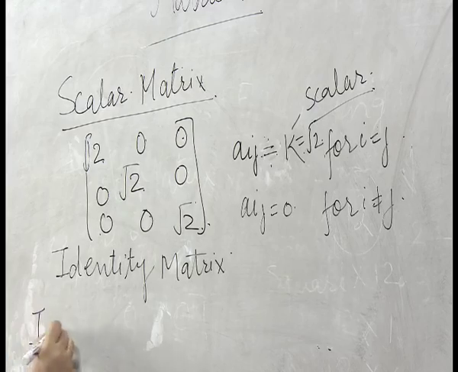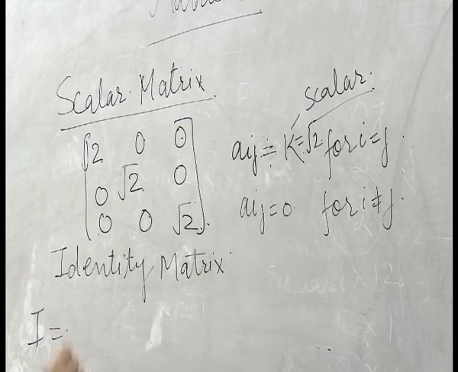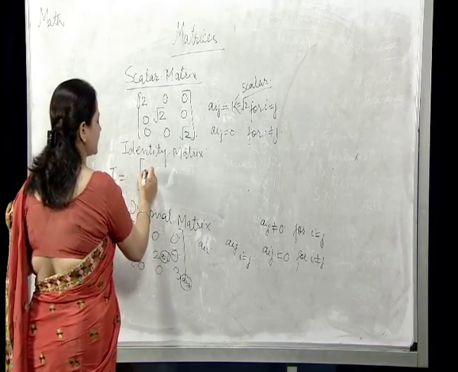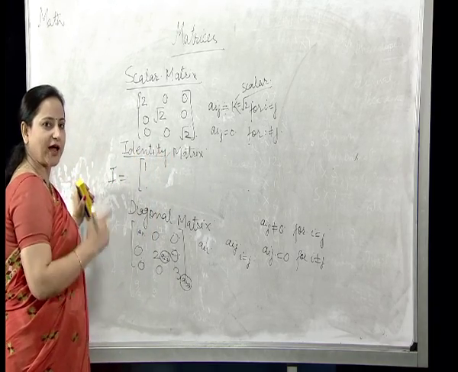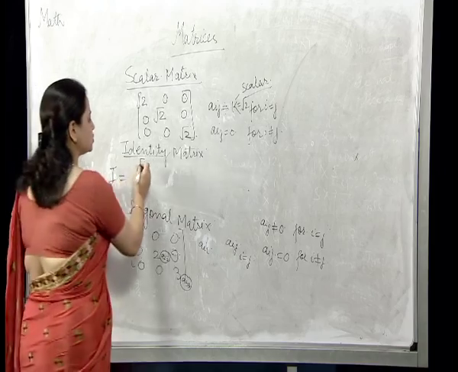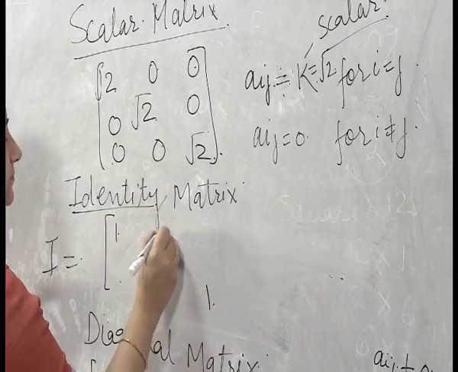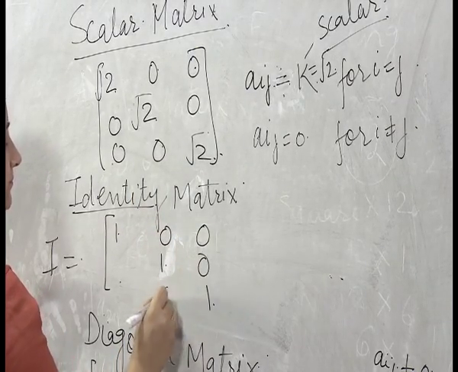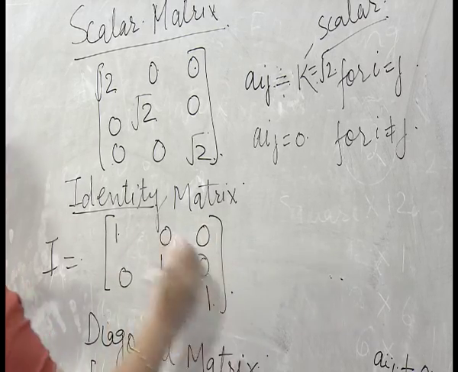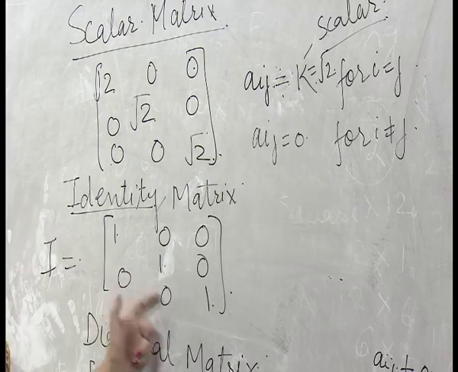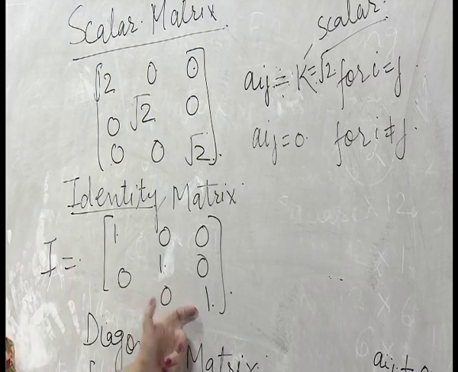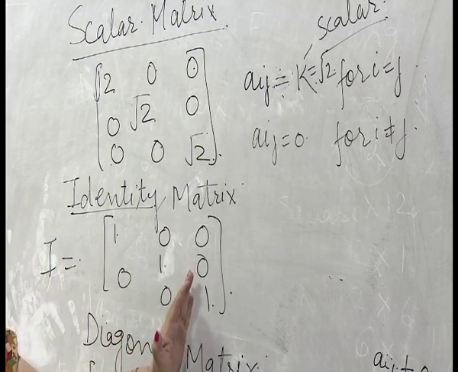Identity matrix is denoted by I. The word itself, all of you know, what is identity? Identity is 1. So you will have elements in the main diagonal having the value 1, and all the rest of the elements are 0.